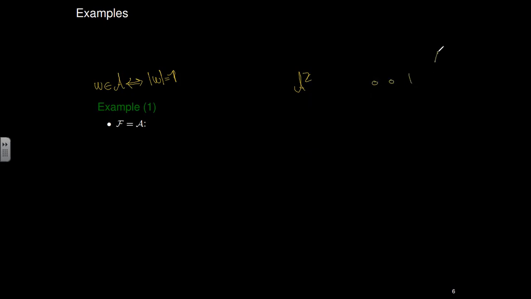For example, if A is 0 and 1, we delete all of the letters from your points. You don't have anything, nothing will remain. So in this condition X_F should be equal to empty. So empty is also a shift space. Empty is a shift space.